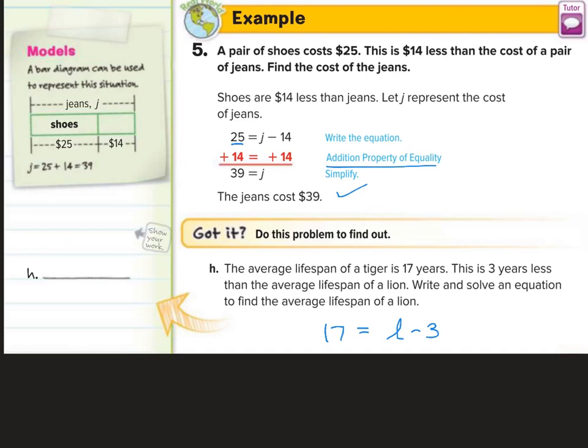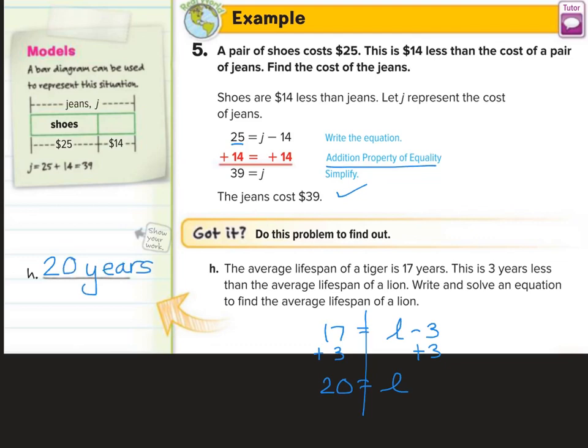Write and solve an equation to find the average lifespan of a lion. If I add 3 to both sides, I'm using the addition property of equality. 17 plus 3 is 20, is the average lifespan of a lion. So let's write 20 years.